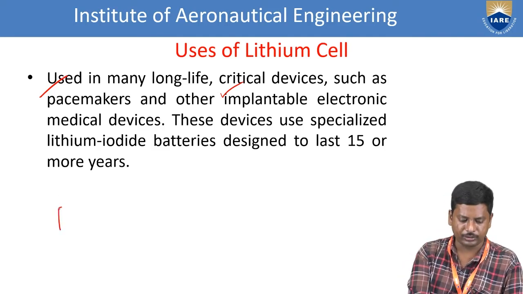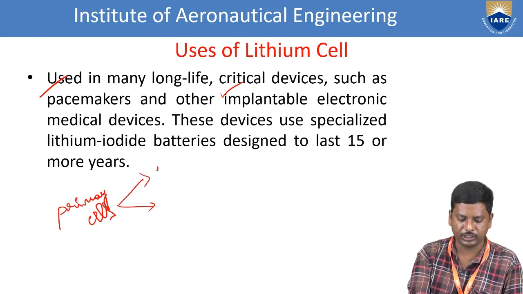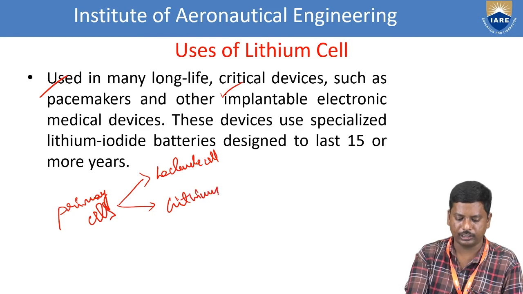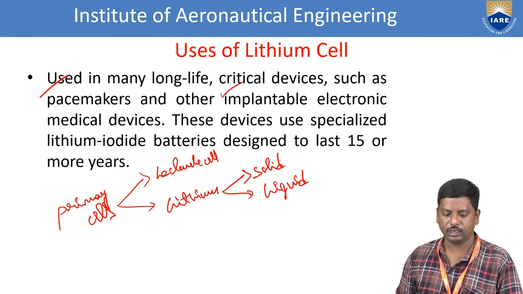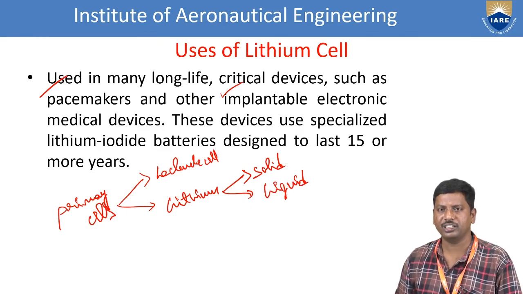So finally, these primary cells are classified mainly into two types. The first one is the Leclanche cell. The second one is the lithium cells. Further, these lithium cells can be divided into solid lithium and liquid lithium cells. In all of these, only the forward reaction is possible.